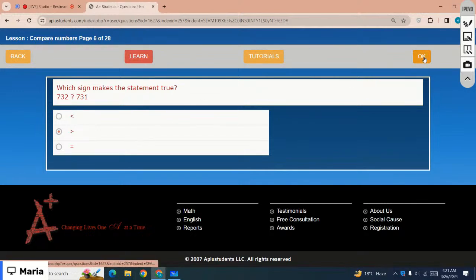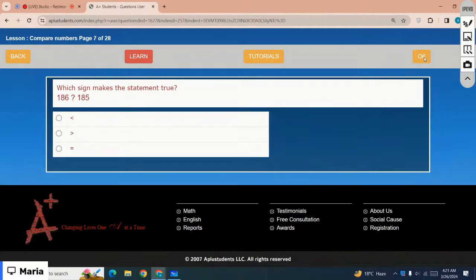Greater it is. Which sign makes the statement true, 186 and 185? Yes, the correct option is 186 is greater than 185, right?